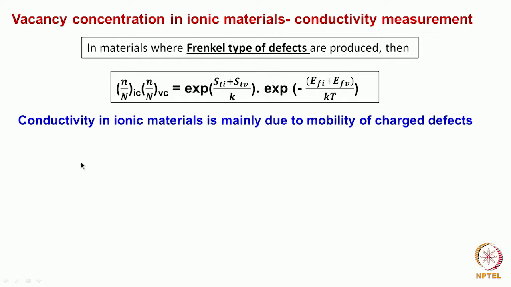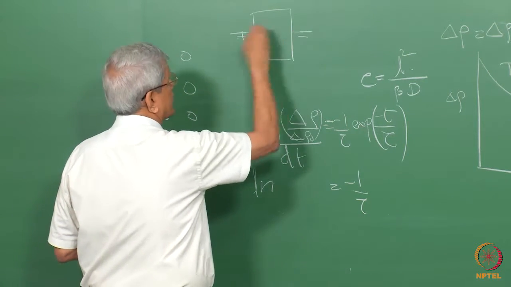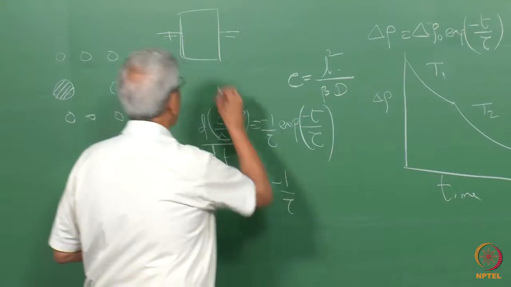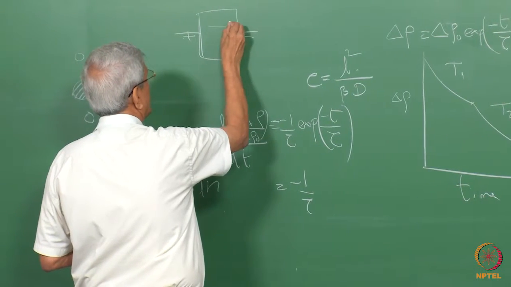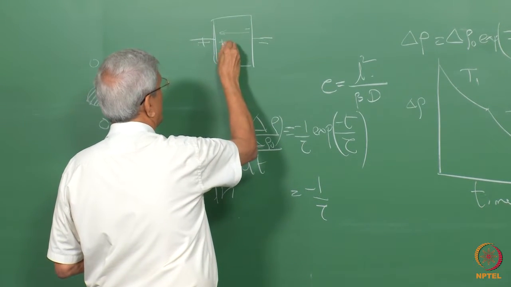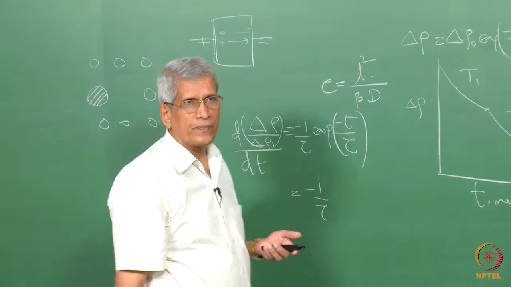Now if you look at the conductivity, if you apply a voltage, a positive and a negative voltage, all the negative ions will move towards this side, and positive ions will move towards this side.